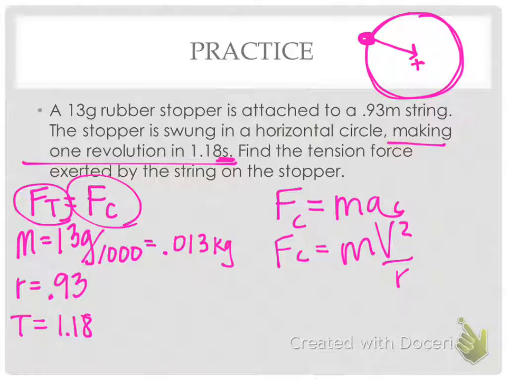Do we have velocity yet? No, that's not going to work. And how do we solve for velocity then? What's our equation for velocity? 2 pi r over T. Do we have those things? Yes. So let's do that first. Let's go ahead and solve for velocity, then we can plug it in there.